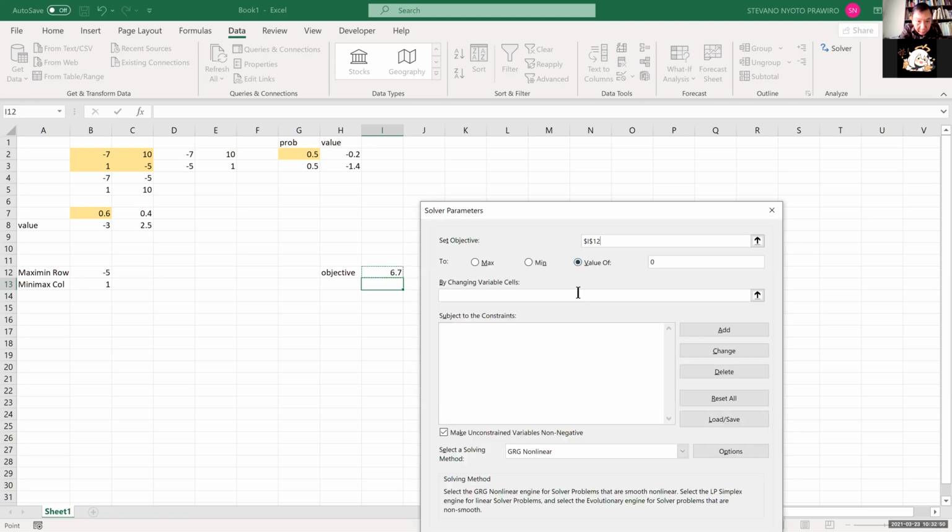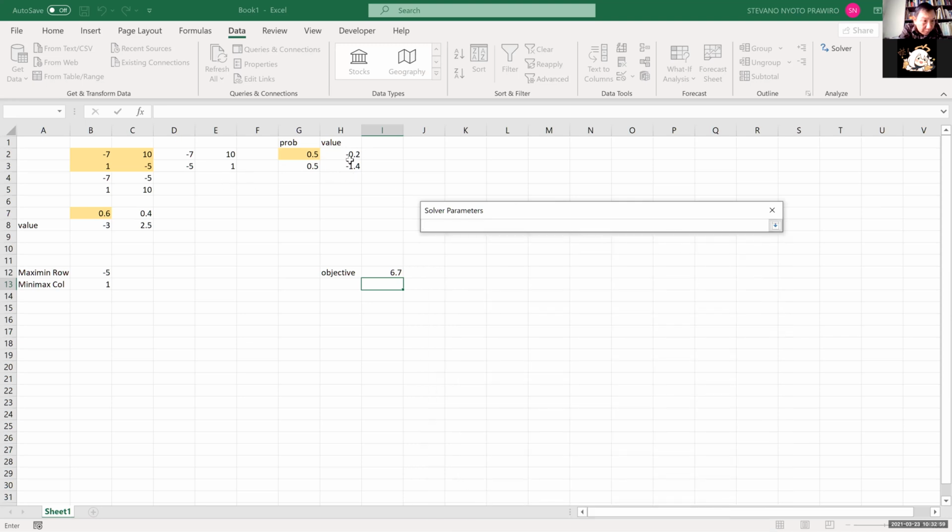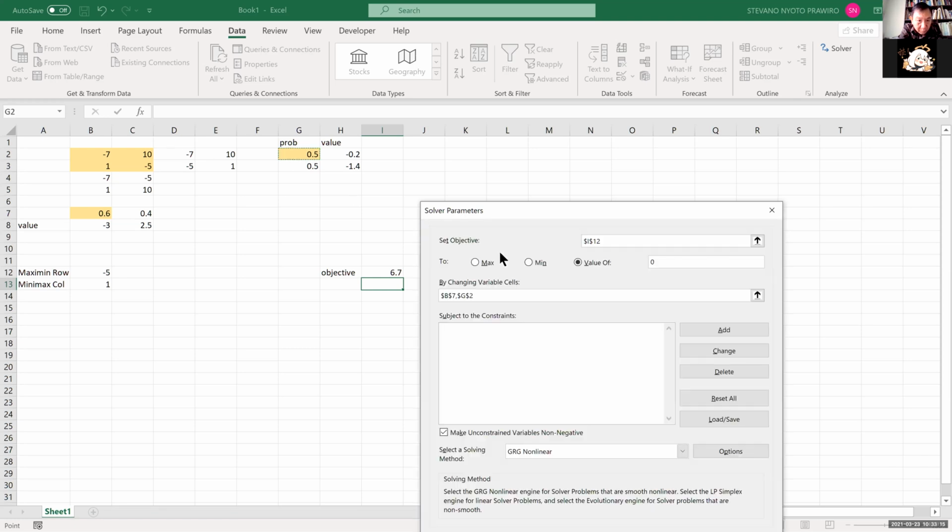Okay, and then set the value to 0, changing variables. Changing variables is your probability, B7, the one in yellow, comma, G2, correct? No, G. Oh yeah, sorry, this one. Yep. Okay, and you solve it.